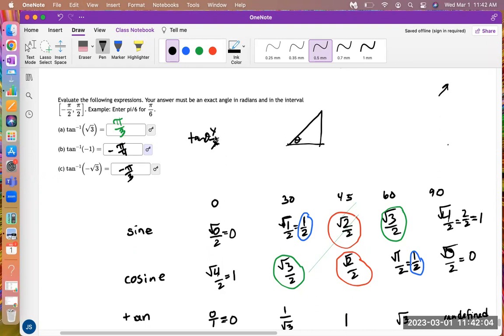So y over x is equal to √3 over 1, which means the y coordinate here is √3, and the x coordinate is 1. And then you could just do inverse.